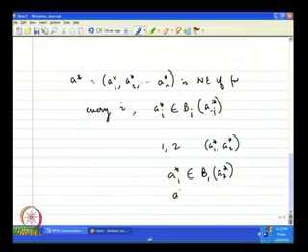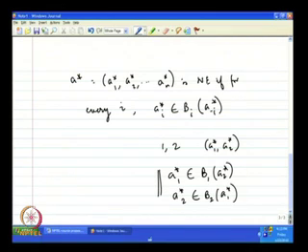And similarly, given the action taken by player 1, which is a_1 star, the best response function of player 2 should include a_2 star. Then we have a sort of mutual reinforcing of actions. Given what you are doing, I am doing my best, and given the action taken by me, your action is the one with respect to which I took my best response.